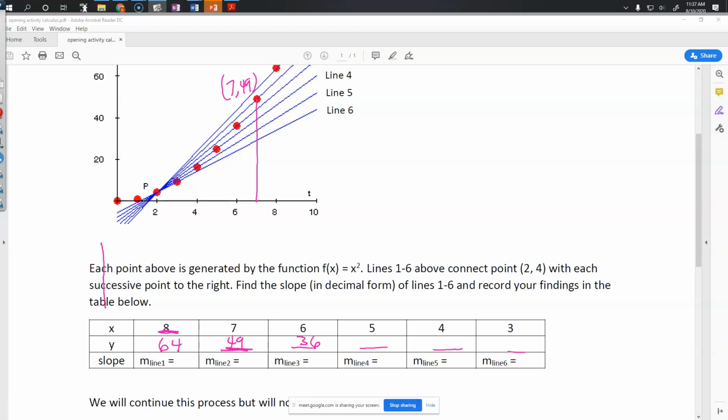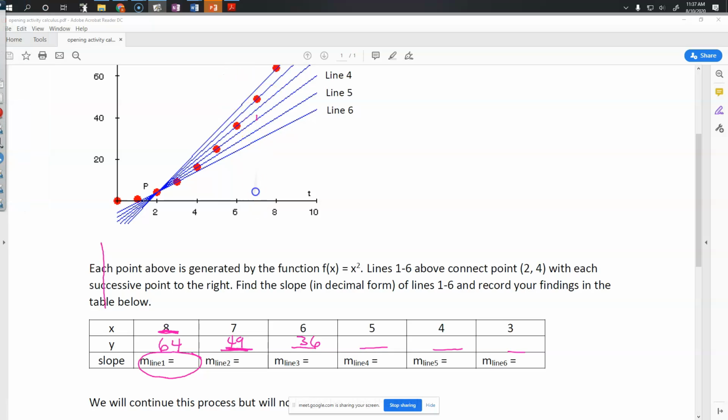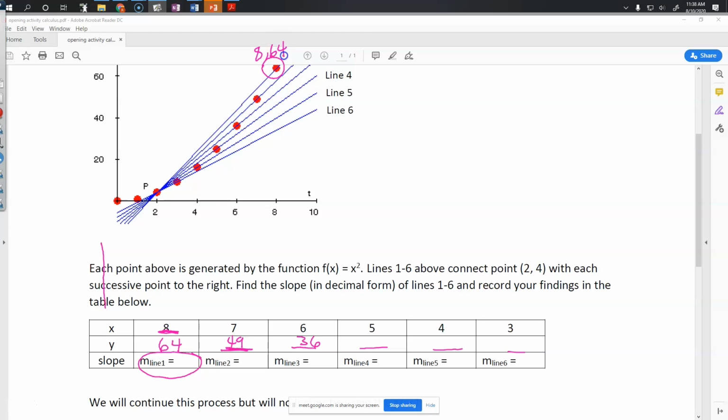Notice that there's another box underneath that. What I want you guys to do now is something a little strange, so try to follow with me here. Let me erase this point really quick. Let's go back to the 8, 64 point. I think it was this one right here. That was 8, 64, right?